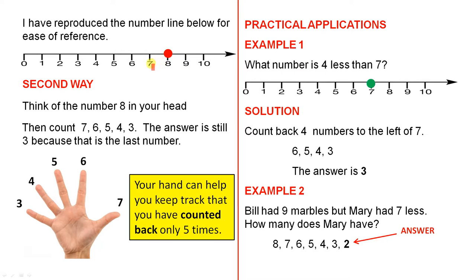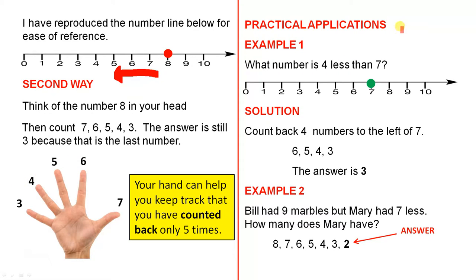So you're basically counting backwards in that direction. The answer is still 3 because that is the last number. Your hand can help you keep track that you have counted back only 5 times because there are 5 fingers. So that helps you keep track that you've gone back exactly 5 places.